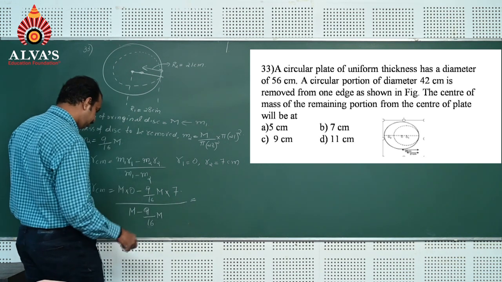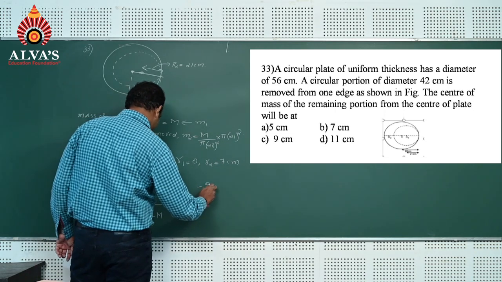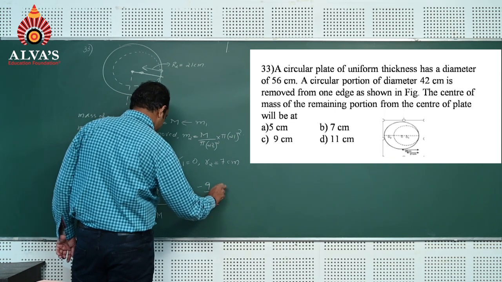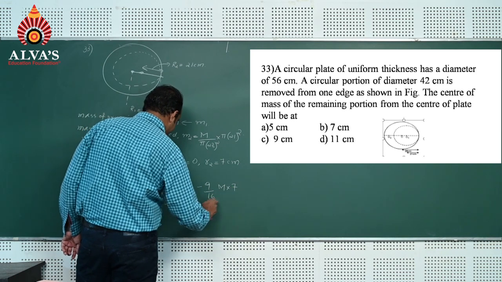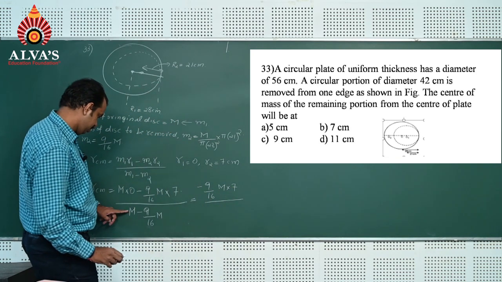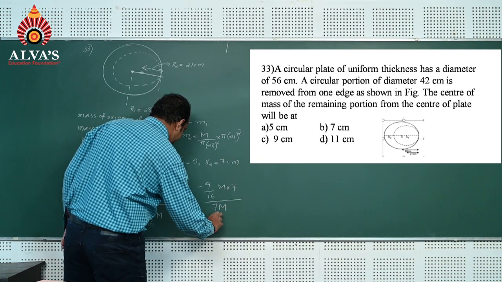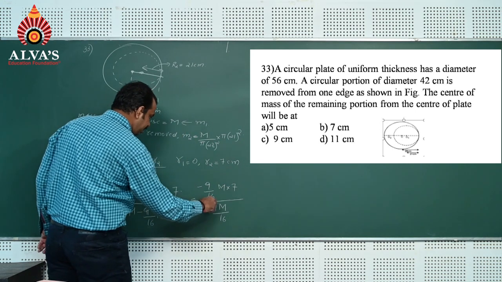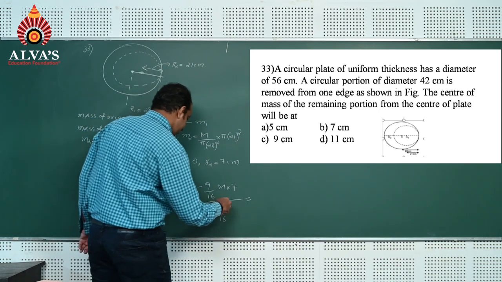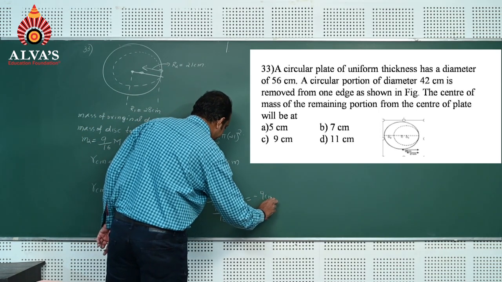It is 16 minus 9, 7 m divided by 16. 7 m by 16 means minus 9 centimeter.